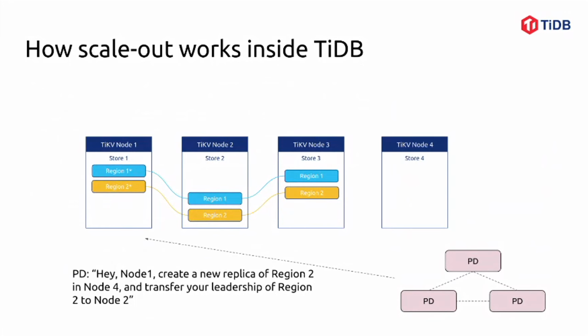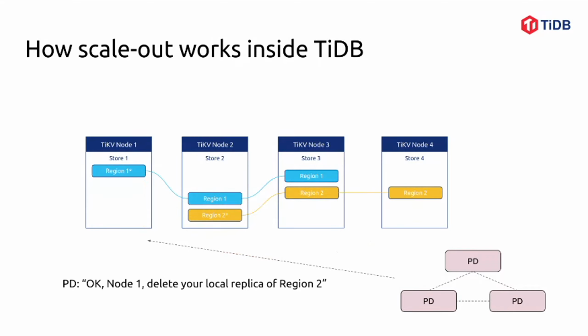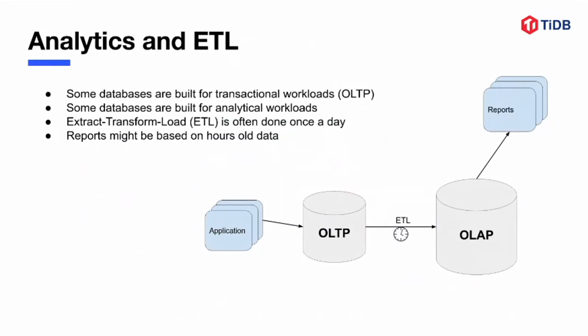And then what we can do is to rebalance things by adding another machine that might already be part of the cluster, adding an extra copy to this second region, removing 1 copy, and now we are distributing things through the cluster.